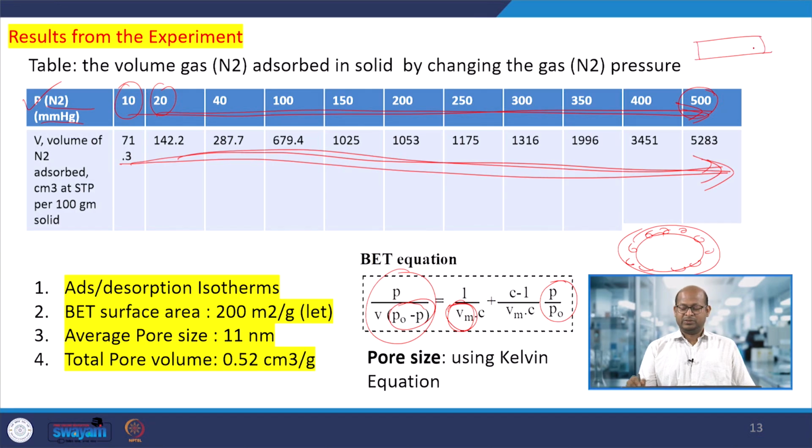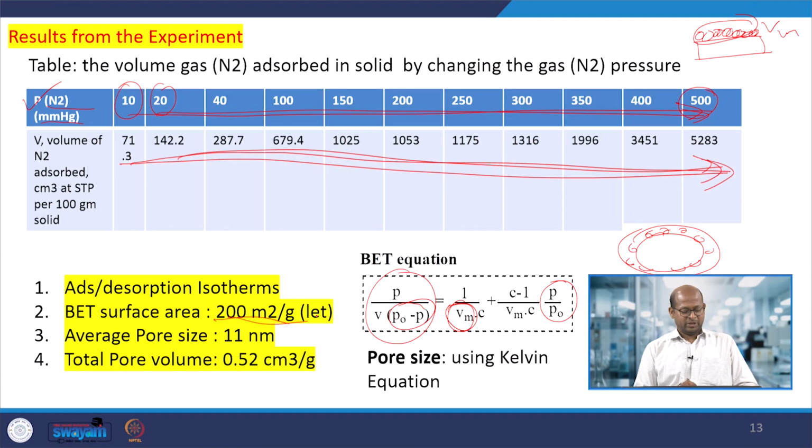Let's say this is our surface. If we want to cover it, this is called a monolayer. This is the complete coverage of that surface. The amount of gas required is Vm. Okay. So that we can calculate with the help of these equations, and using this equation we can get the surface area. So that we will discuss later.